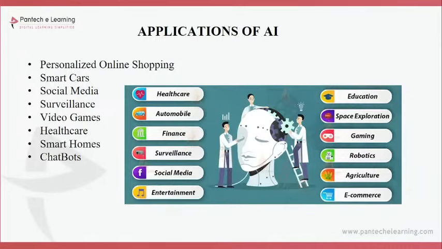And finance. Based upon the previous data and some other information, we can predict whether they will pay a loan or not. We can decide whether to give a loan or not. So AI plays a vital role in this. And then surveillance.